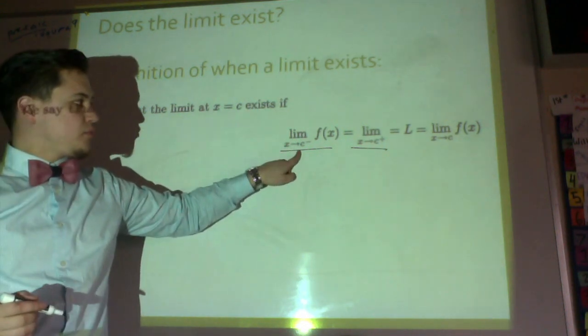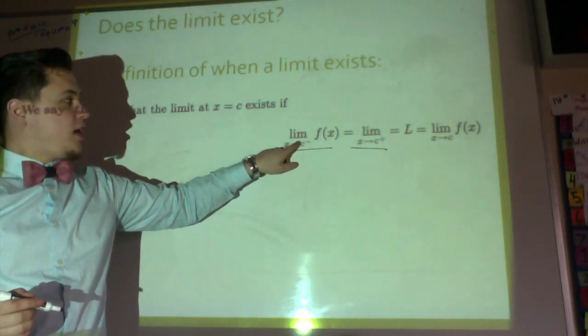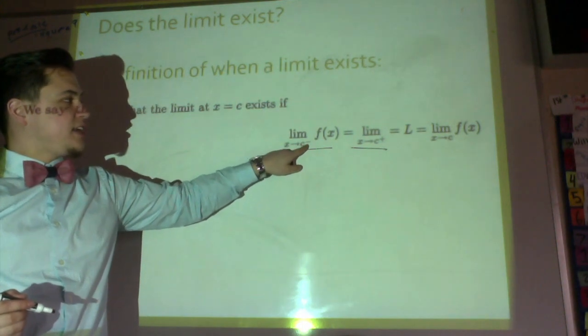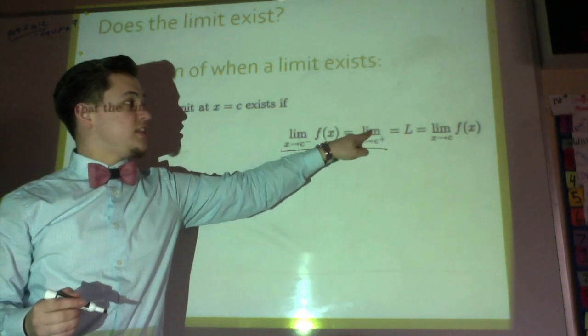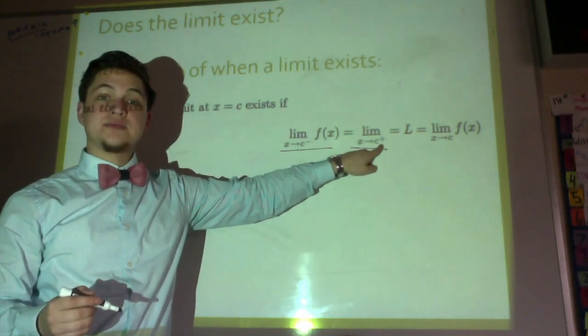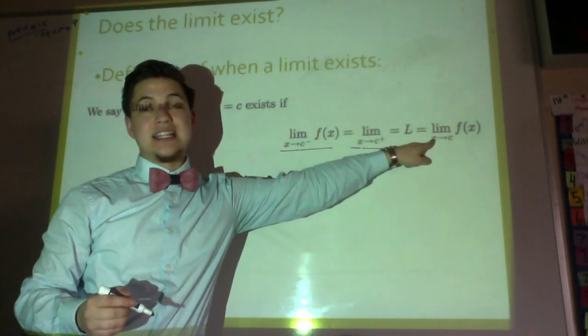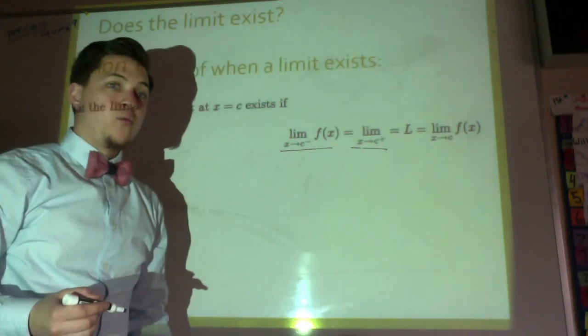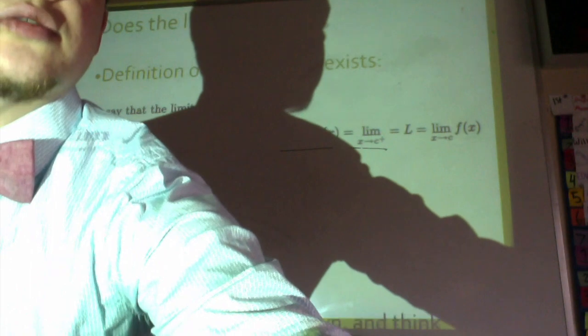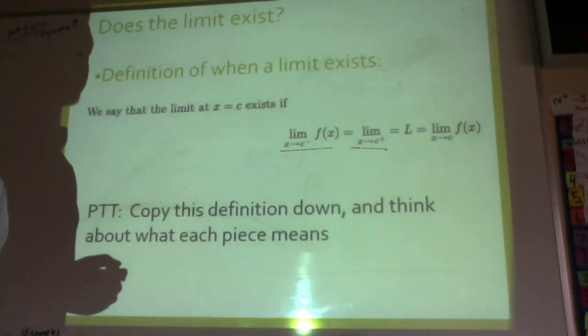What does this say? Well, this is saying the limit as x approaches c from the left of f of x is equal to the limit as x approaches c from the right. Whatever that value is, the limit as x approaches c. As you notice, this one doesn't have a plus or minus. So, I should copy that definition down, right?